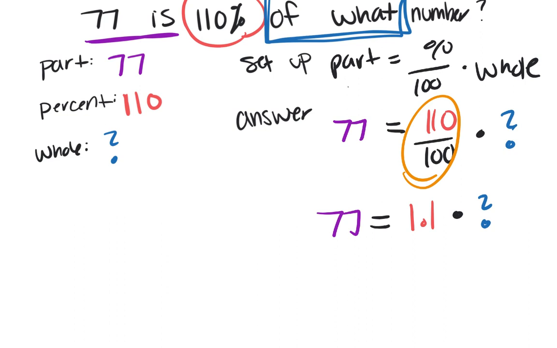And then the goal is to get the question mark on its own. So I need to get rid of this part. And that 1.1 is multiplying the question mark. To get rid of multiplying, we're going to divide. So that gets rid of that. And I'm left with a question mark on the right. Then I do 77 divided by 1.1.